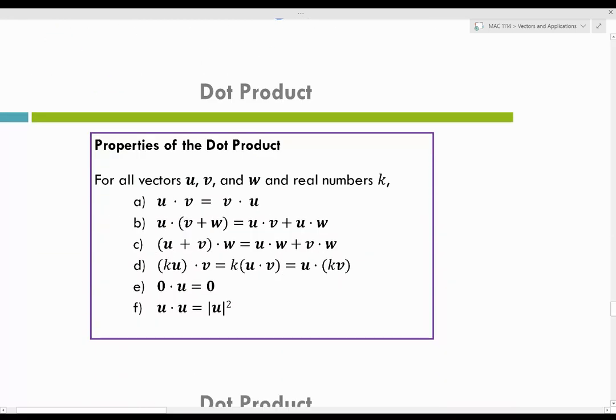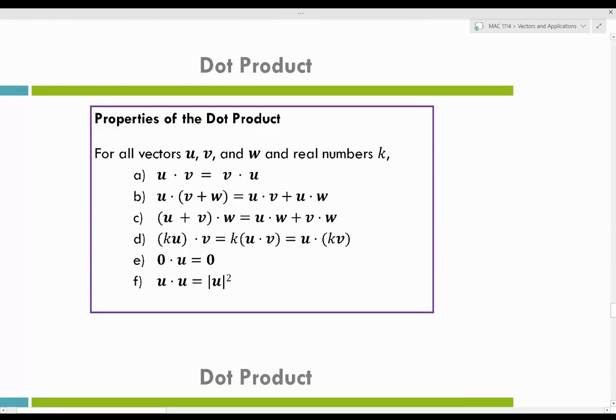All right, some of the properties of the dot product. It says for all vectors u, v, and w and real numbers k: For A, the order in which you do the dot product doesn't matter. You can do u dot v or v dot u, and you will get the same answer. For B, you can do the dot product between a vector and the sum of two vectors. That's the same thing as doing the dot product with each of those vectors individually.